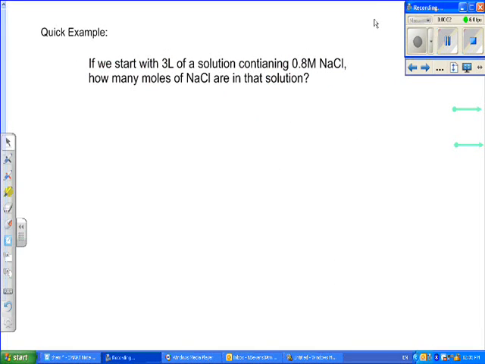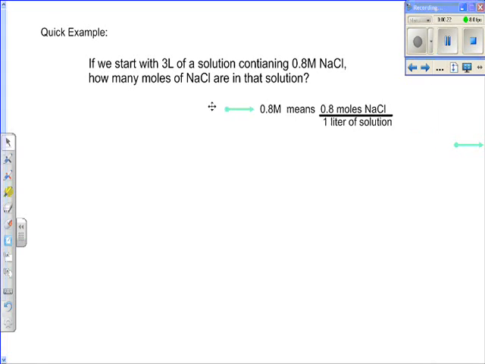An example of how we use molarity as a converting factor in our stoichiometry is in this quick example. If we start with 3 liters of solution containing 0.8 molar of NaCl, how many moles of NaCl are in this solution? We start with our equation, which tells us that molarity means how many moles of solute in a liter of solution.